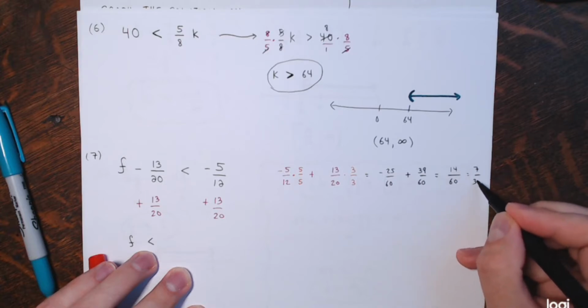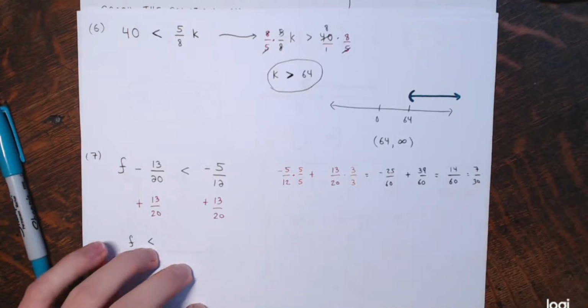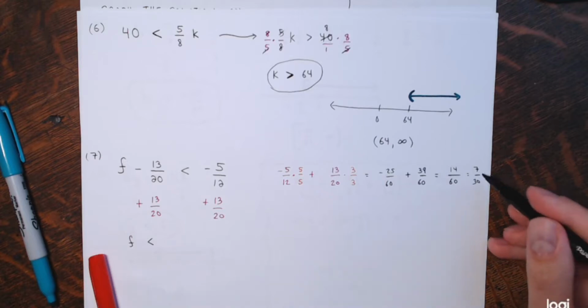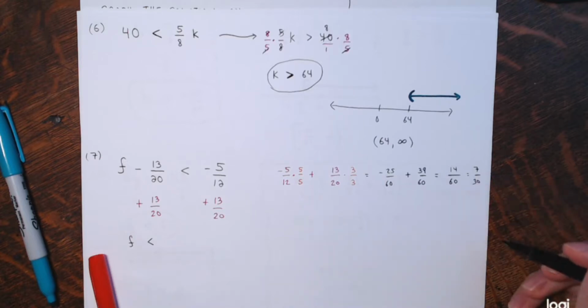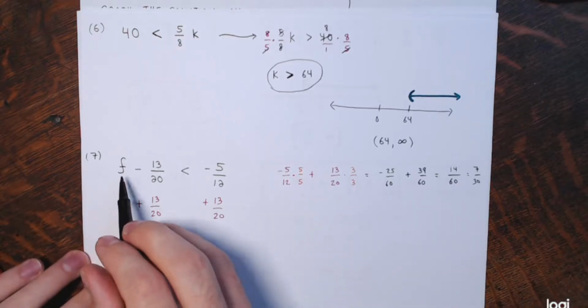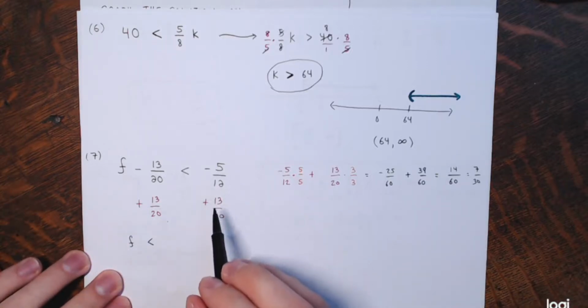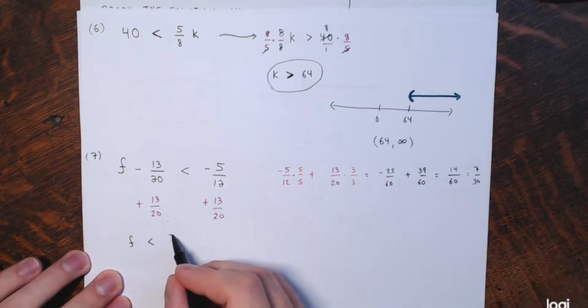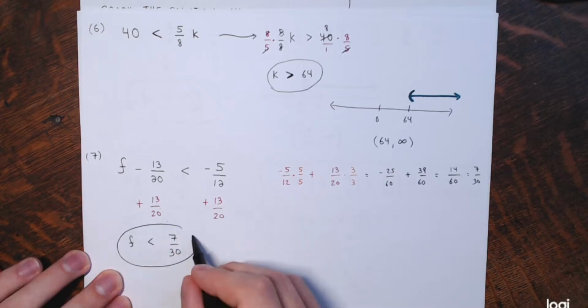It reduces to 7/30, right, when you divide the numerator and denominator of that by 2. And that's as simplified as the fraction gets. All right, so f alone, and then negative 5/12 plus 13/20 is 7/30. Right, and there I have solved the inequality.